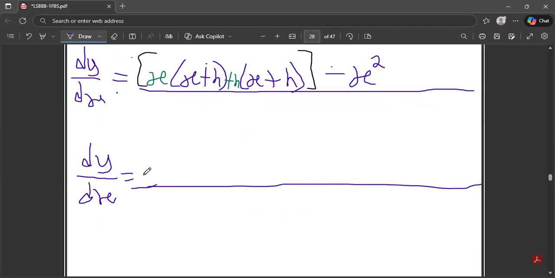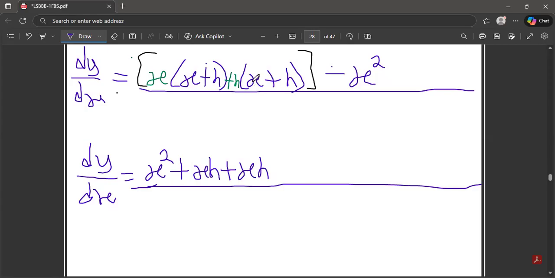So x times x is going to give you x squared, plus xh. Good. The other one too, x times h is going to give you plus xh.